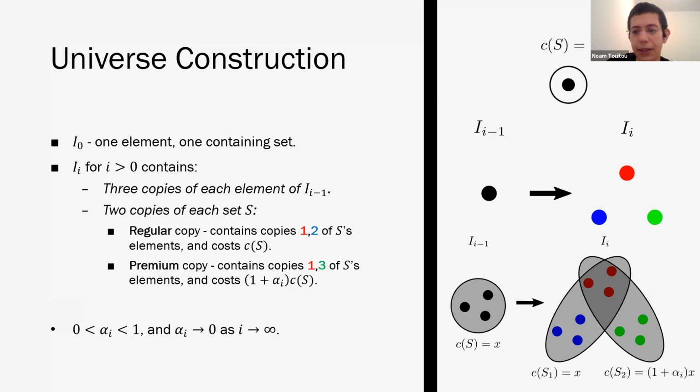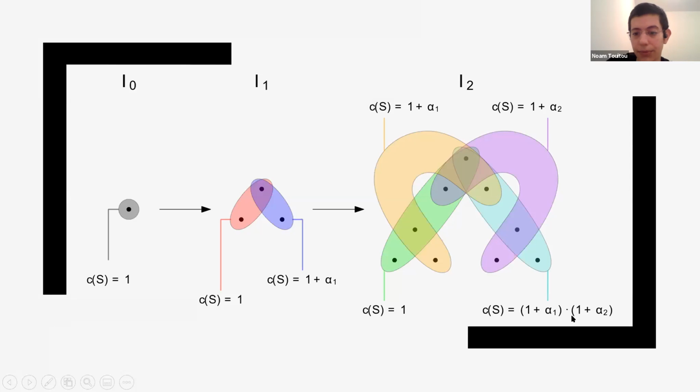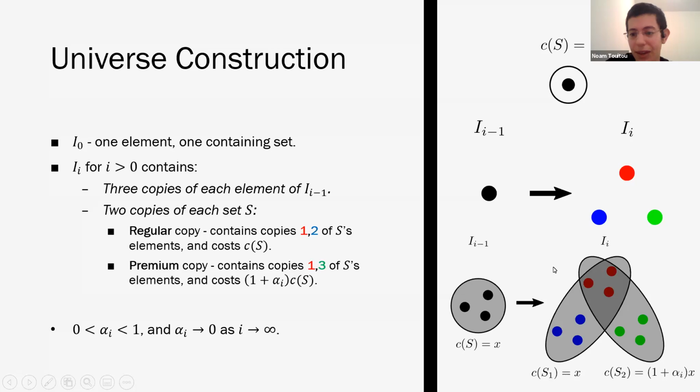Okay, so now we have denoting by colors the copies of each element. So each element has a red, blue, and green copies. Then each set is going to have 2 copies, a regular copy, which contains the same elements as the original set, but it only contains their red and blue copies. So this is shown here. And this set, in fact, costs the same as the original set. And we also have a premium copy.